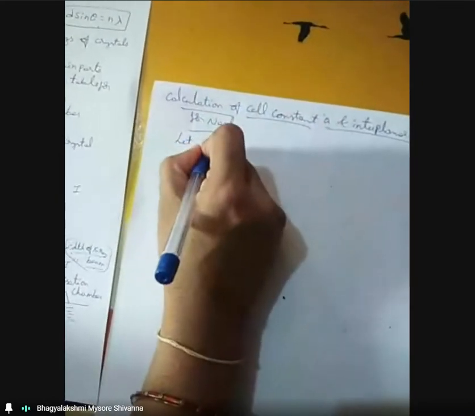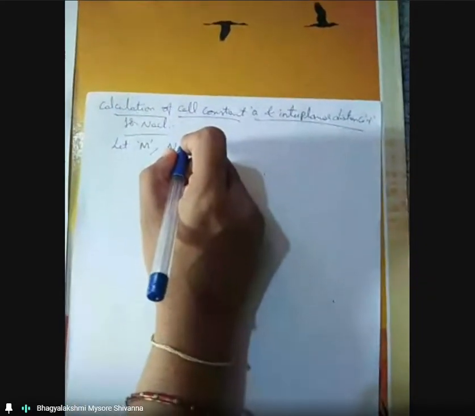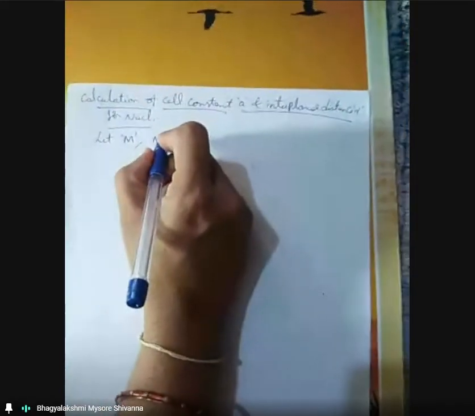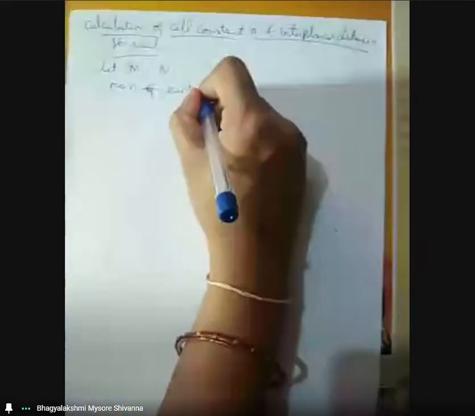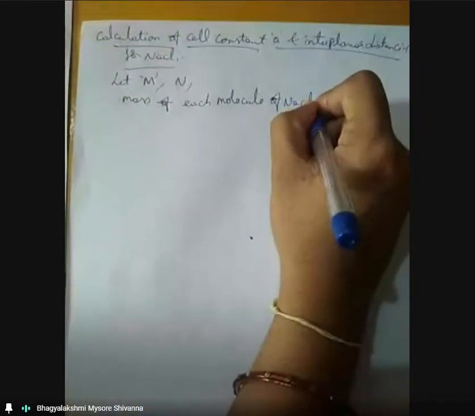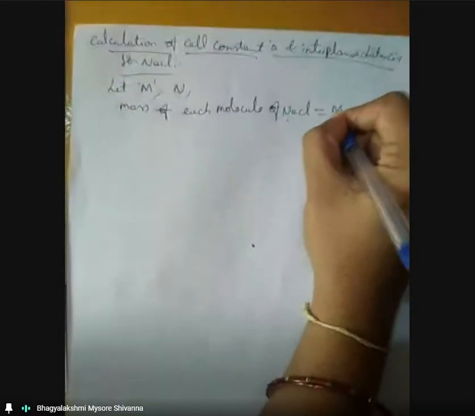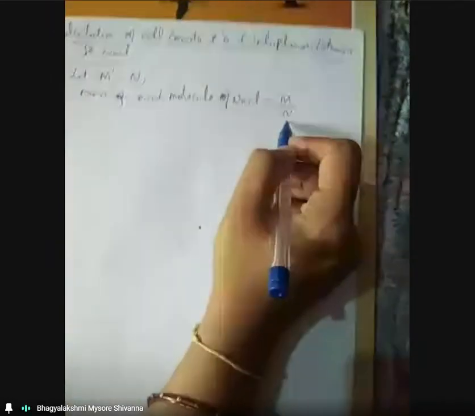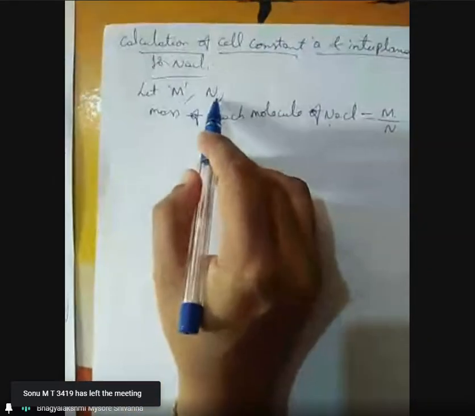Let M be the molecular weight of the NaCl crystal and N the Avogadro number.